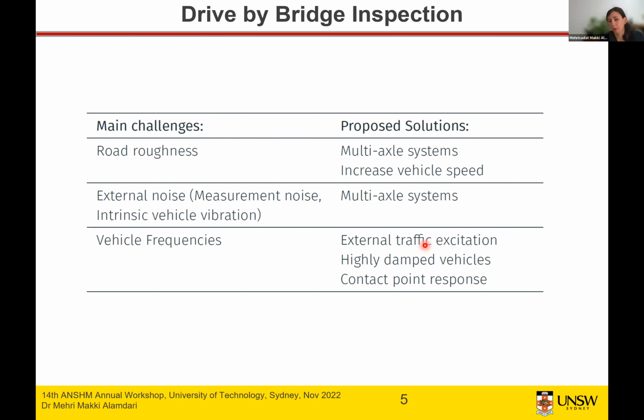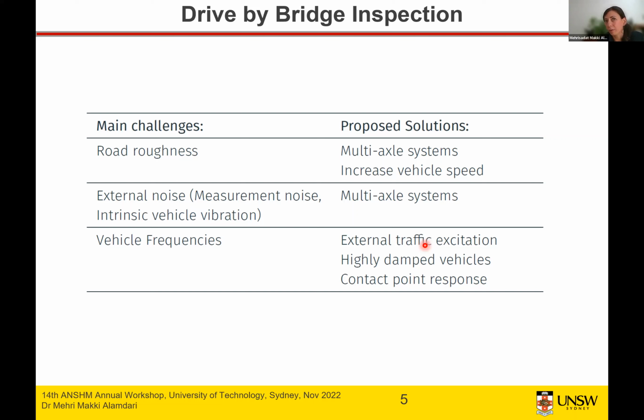One of the most important challenges that we are facing is related to the road roughness and unsmoothness of the road surface, because that introduces a lot of frequencies in the response of the vehicle which don't associate with any of the bridge frequencies. Measurement noise, environmental variation, and variability in the vehicle parameters all can contribute to uncertainty in the results.